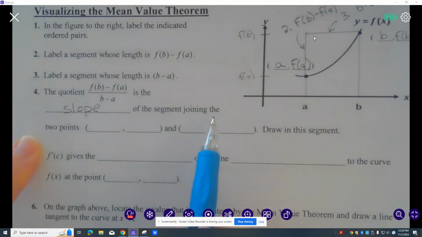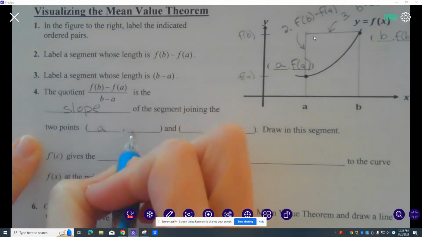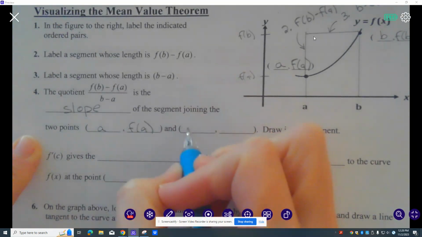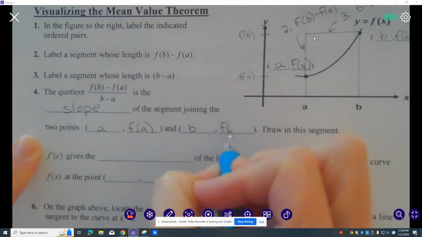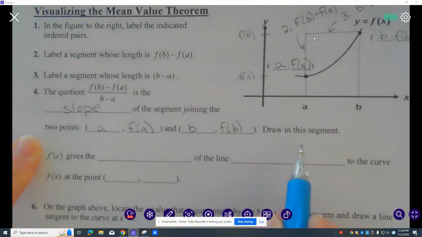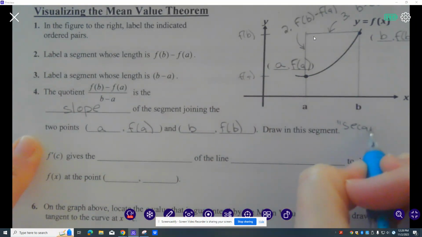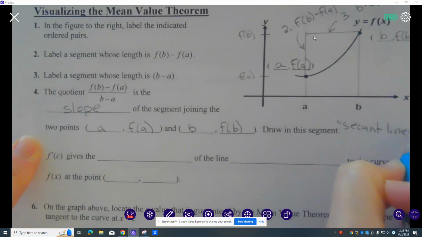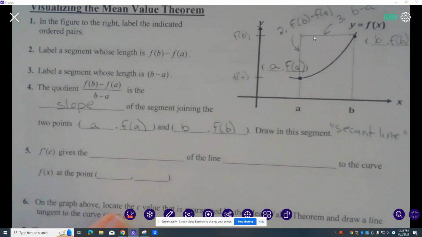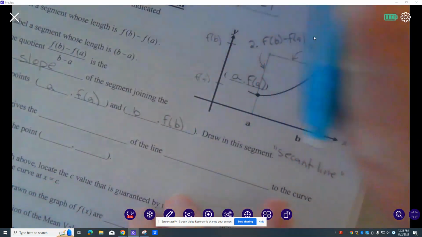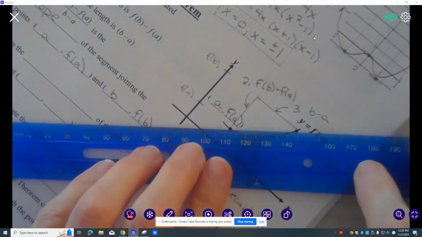Slope of the segment joining the 2 points, a, f of a, and b, f of b. So this is what we call the secant line. Algebra 1 slope finds the slope between 2 points, and so it's the secant line.